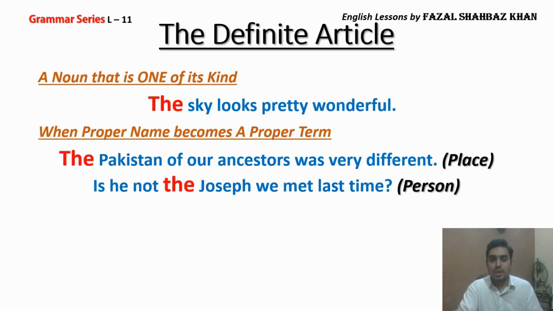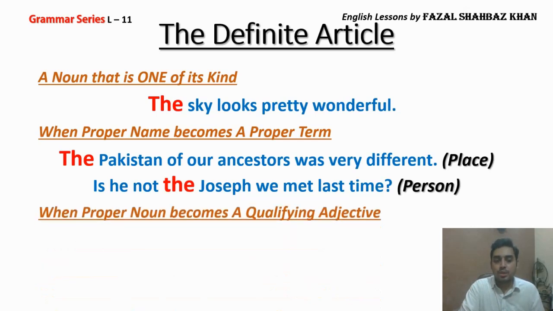But here we have placed the only because of that second meeting, or because of recognizing Joseph, that Joseph or the same Joseph. Is he not the Joseph that we met last time? So this is how we have attached the right before the proper term, not actually the proper name.